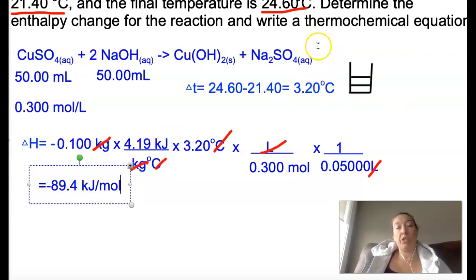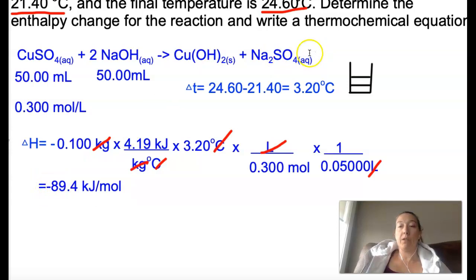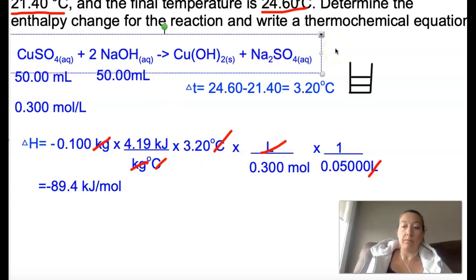Okay, so now we want to turn this into a thermochemical equation. I have two ways in which I could choose to do that. I could choose to write this as a delta H tabbed off on the side, at which point I'd literally just write that delta H equals negative 89.4 kilojoules, or I could choose to write it within my equation. Whether it goes on the reactant side or the product side is dependent on the sign. So because this is negative, that means that this would go over here on the product side, right?